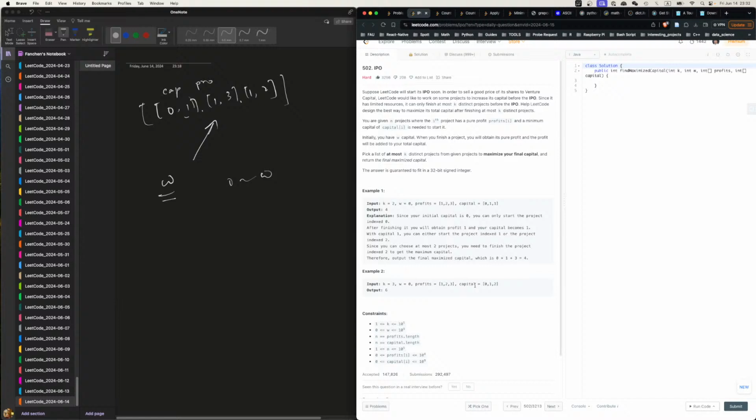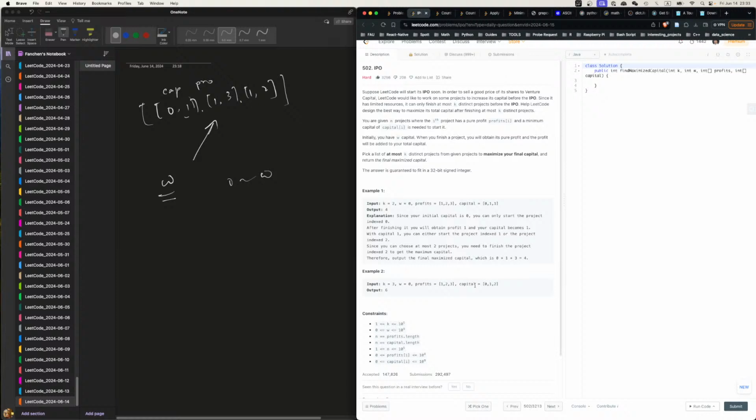Okay. So heap. How do we do heap? How about we sort capital, and because the capital always goes up, your W always goes up, right?